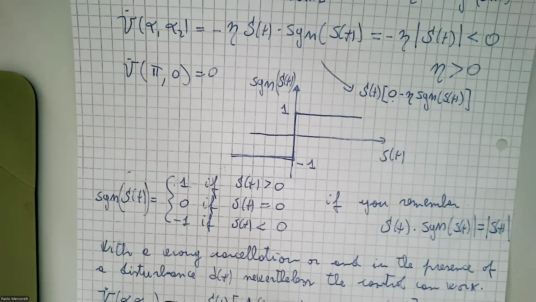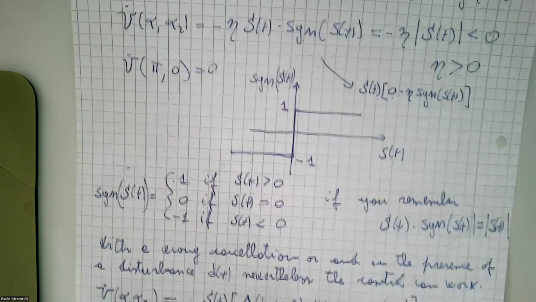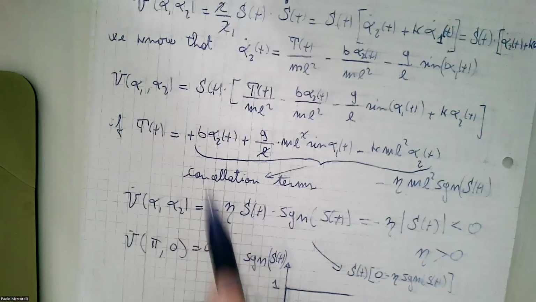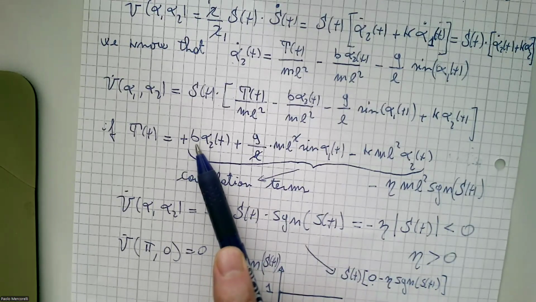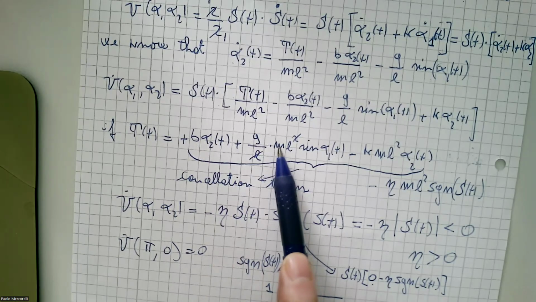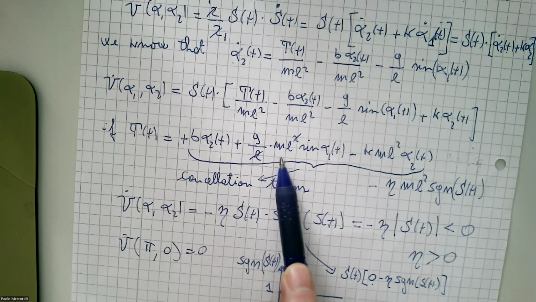The reason why I'm speaking about robustness: robustness means assuming that I don't know exactly the parameters. I don't know exactly B. B is really difficult to estimate, the friction. M, oh, I can weigh it, no? L, I can measure, but anyway, I cannot be totally precise.